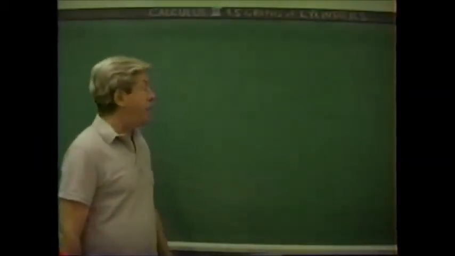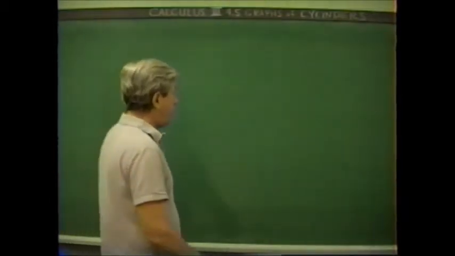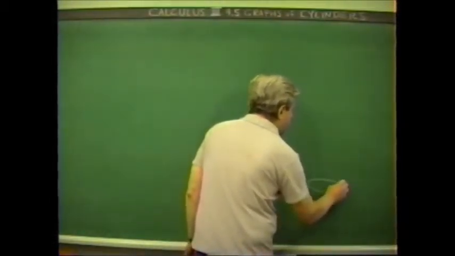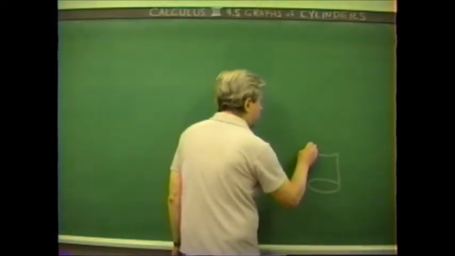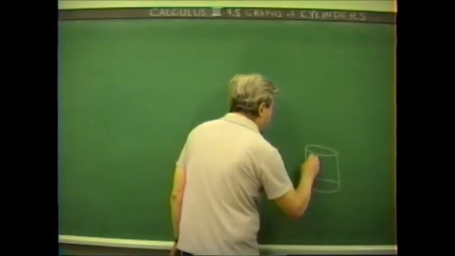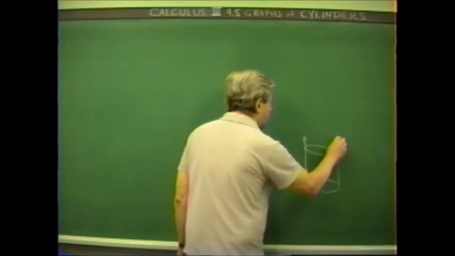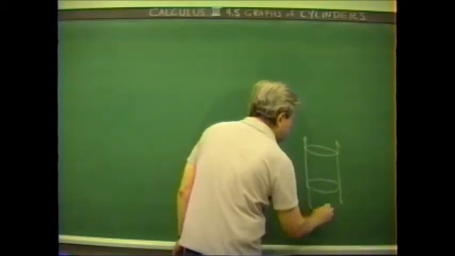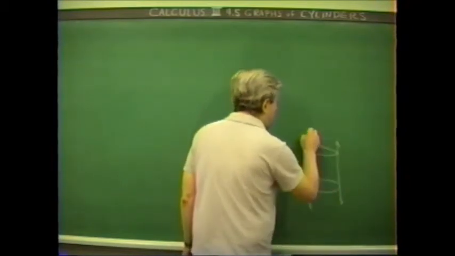After the ellipsoid, graphs of cylinders are probably the next easiest to draw. A circular cylinder, of course, is one where you draw a circle and then consider all lines going upward and downward above the cylinder. So this is meant to extend in all directions.